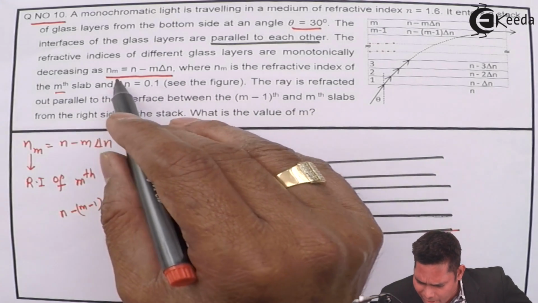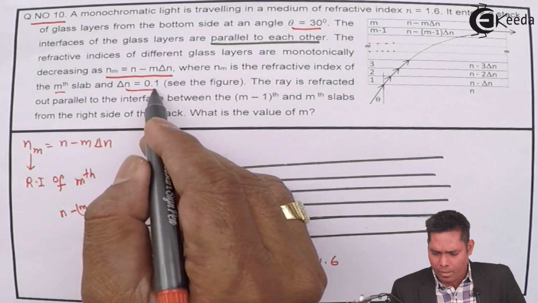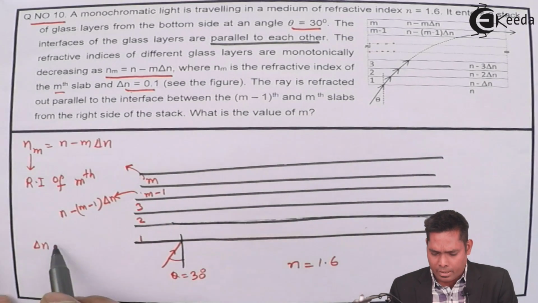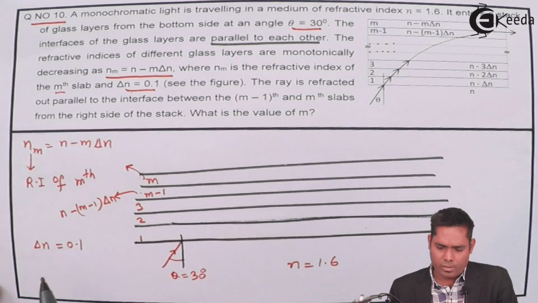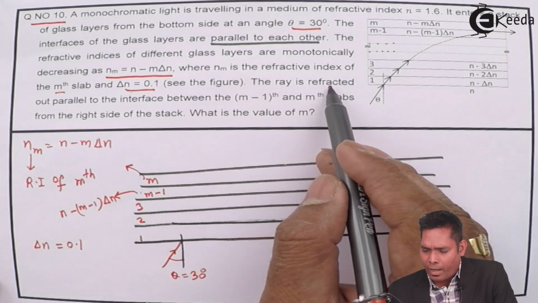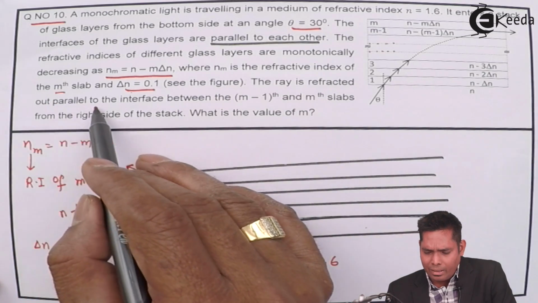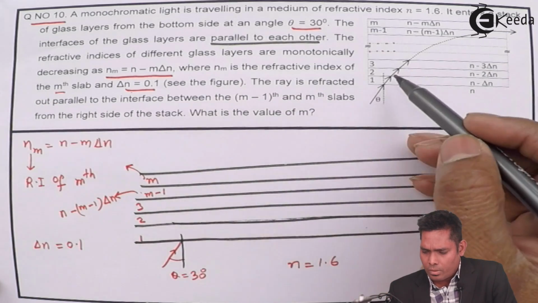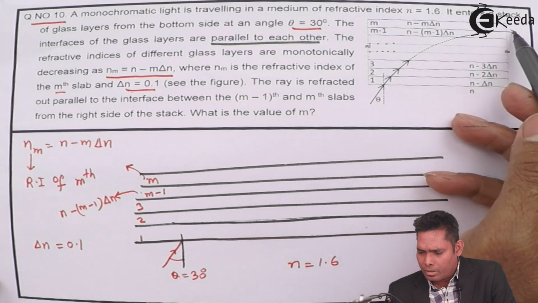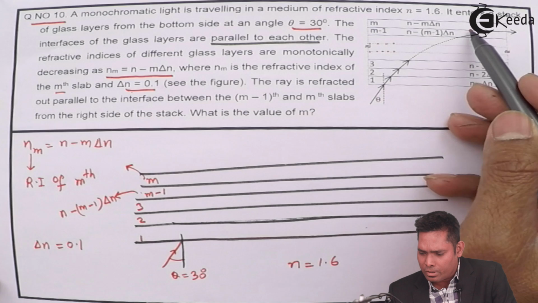And delta n is also given as 0.1. So I will write delta n equals 0.1. As shown in the figure, the ray is refracted out parallel to the interface. You can say it refracts out parallel to this interface.